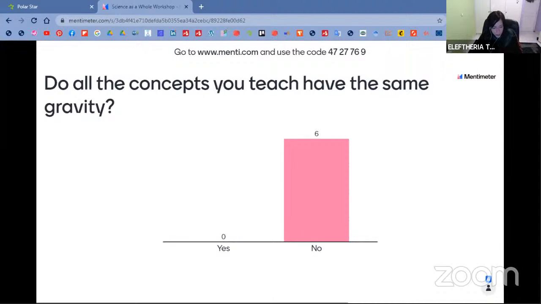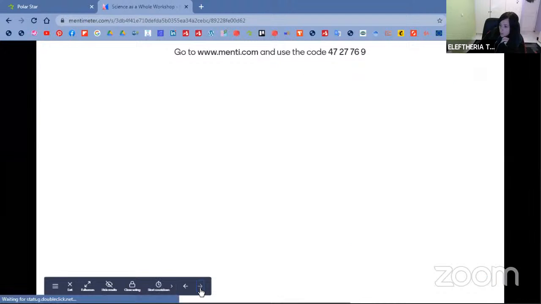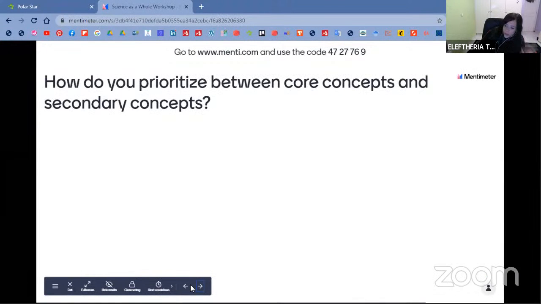Okay, I think it's pretty unanimous. So not everything we teach students is equally important. So given that they're not equally important, how do you prioritize between the core concepts that you teach them and the ones you consider secondary?